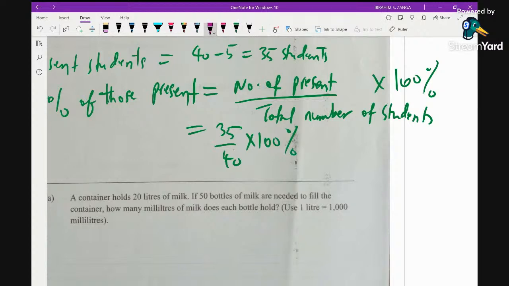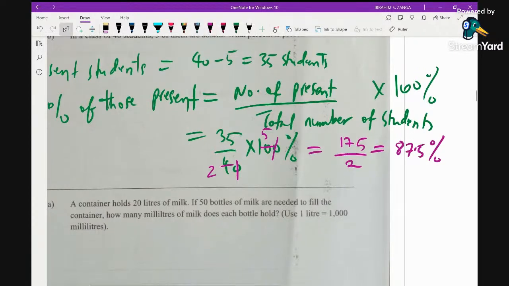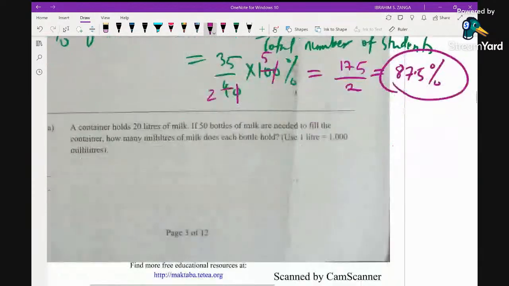When you simplify, the zeros go. By 5, here it is 7, by 5 here is 8. You have 7 times 100 over 8, which gives 87.5%. So 87.5% of students are present.